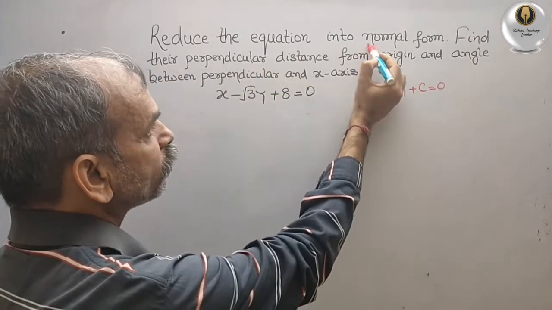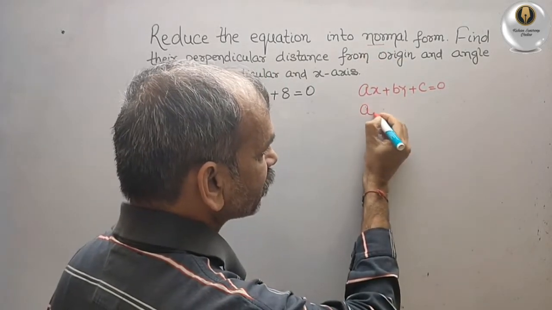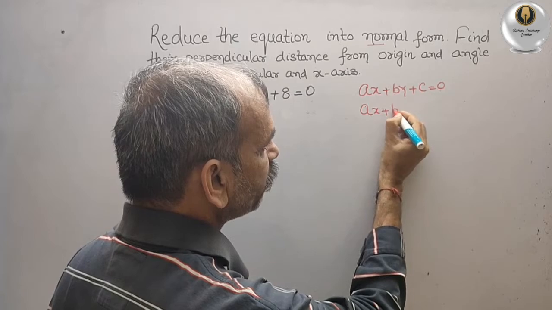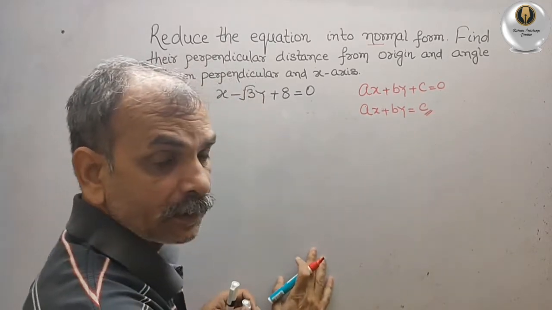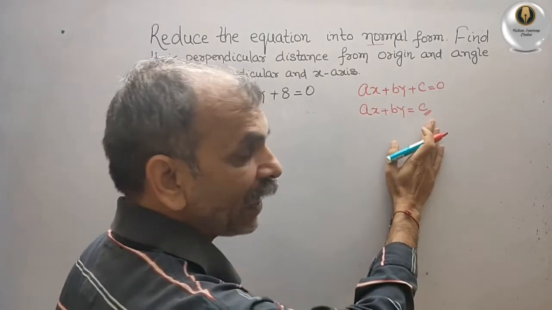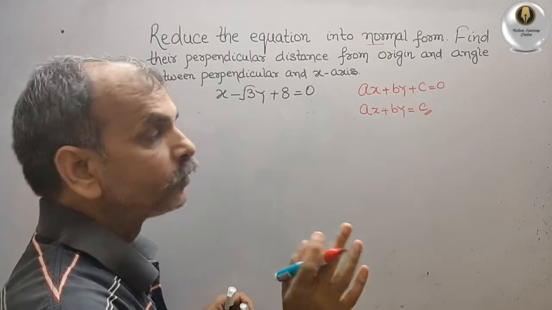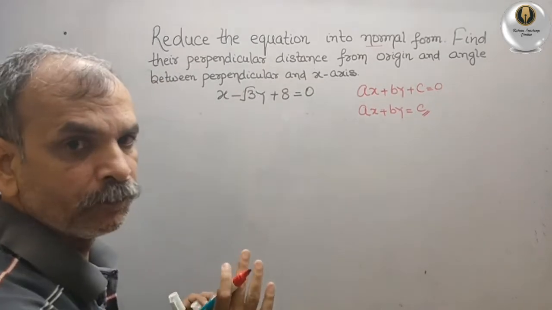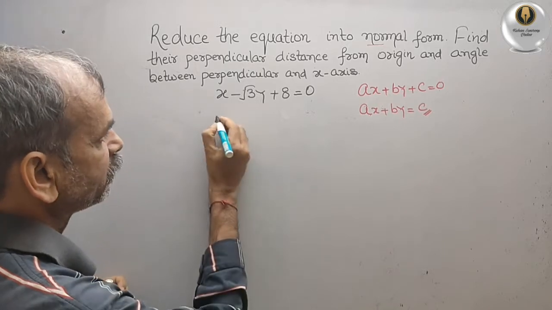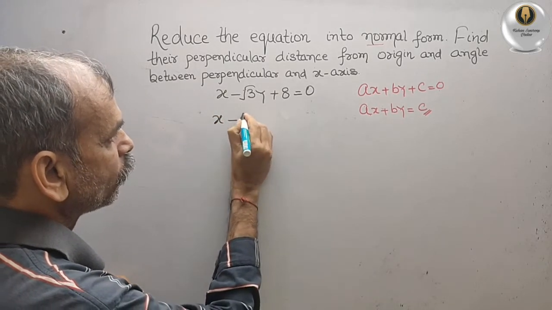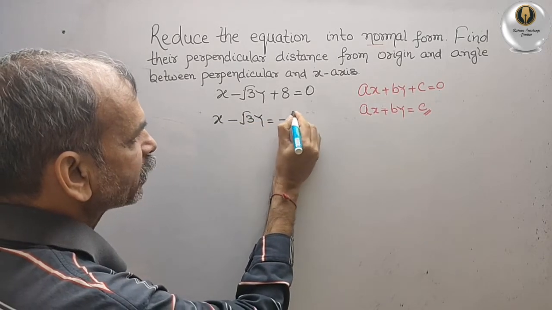The normal form is ax plus by equals c, which means we write the c on the right side. Same here, we will do: x minus root 3y equals minus 8.